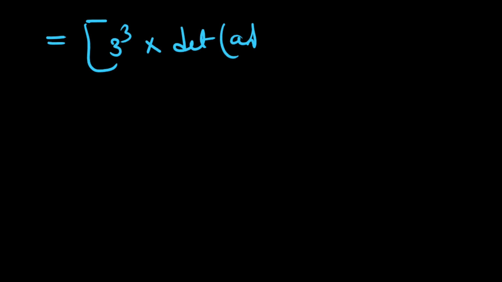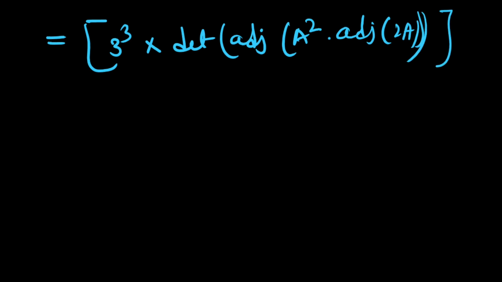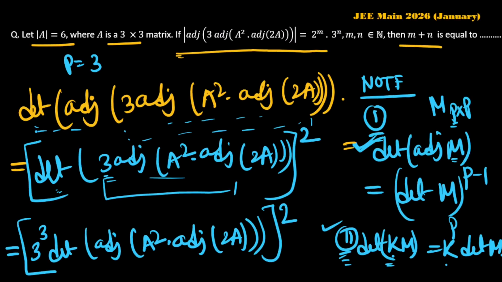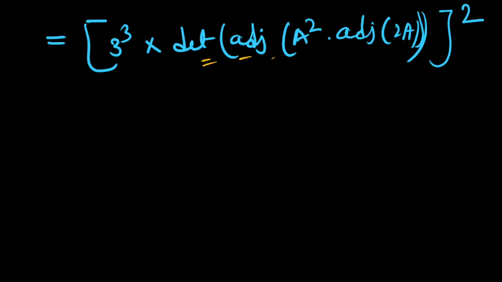Therefore we get 3 power 3 multiplied by the determinant of adjoint of A square into adjoint of 2A, power 2. Now we apply the first formula again. We number this as 1.